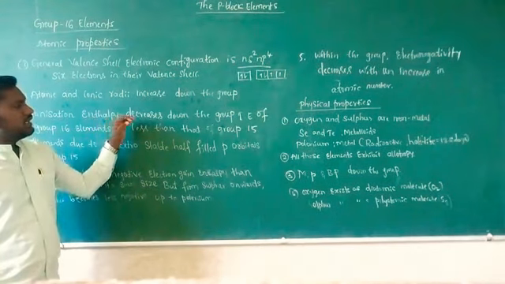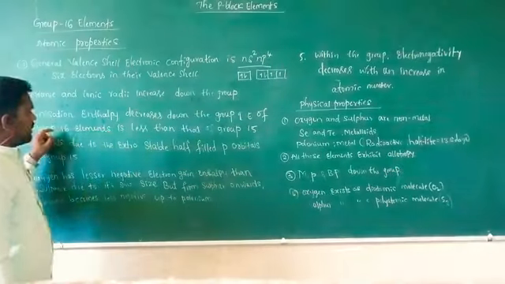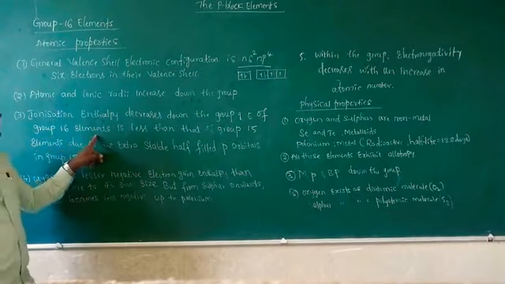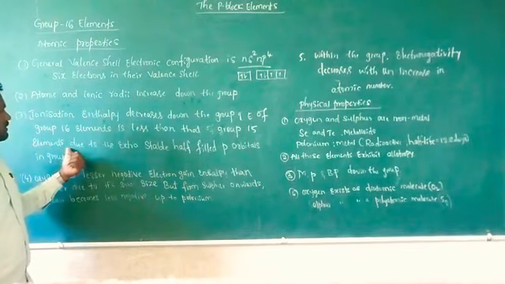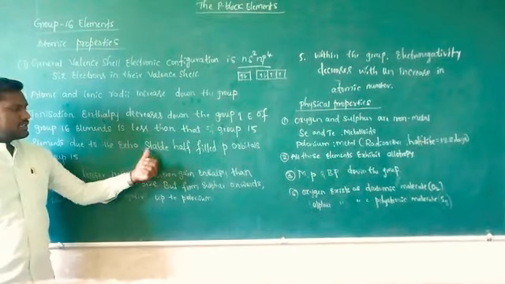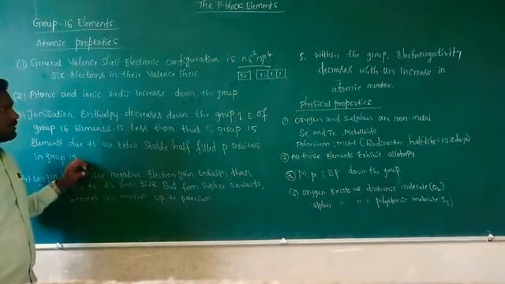Ionization enthalpy (IE) is the minimum energy required to remove an electron. Ionization enthalpy decreases down the group. The ionization enthalpy of group 16 elements is lower than that of group 15 elements due to the extra stable half-filled p orbitals in group 15.